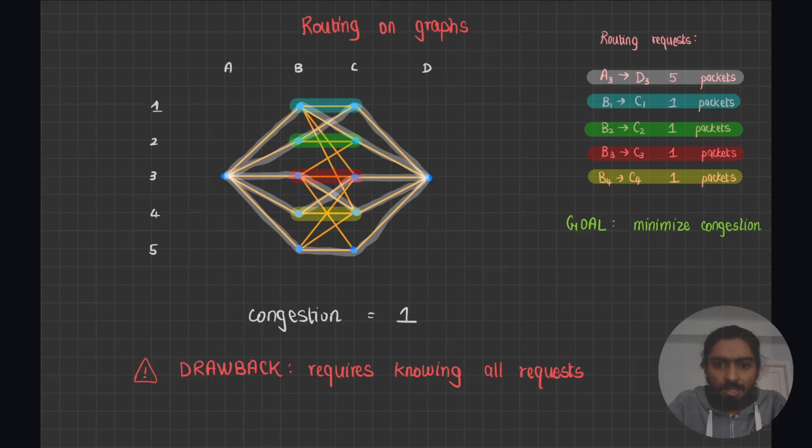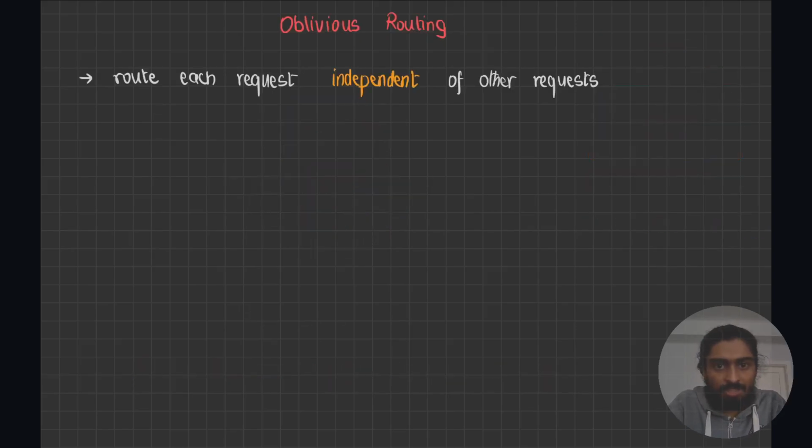But that's not the kind of routing we'll look at now. We'll look at something different called oblivious routing, where you don't look at how other requests have been routed. If you get a single request, you route it by itself using some algorithm which is independent of how you have routed the previous requests and the future requests.